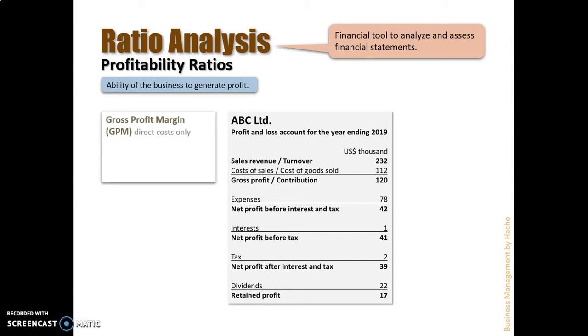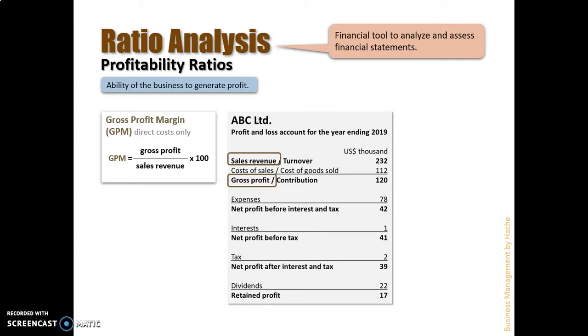Number one is the gross profit margin. The gross profit margin shows us how well the business is generating profit based only on the direct costs, the cost of sales. So we use the figures of the sales revenue and the gross profit. The gross profit margin is the gross profit divided by the sales revenue times 100.